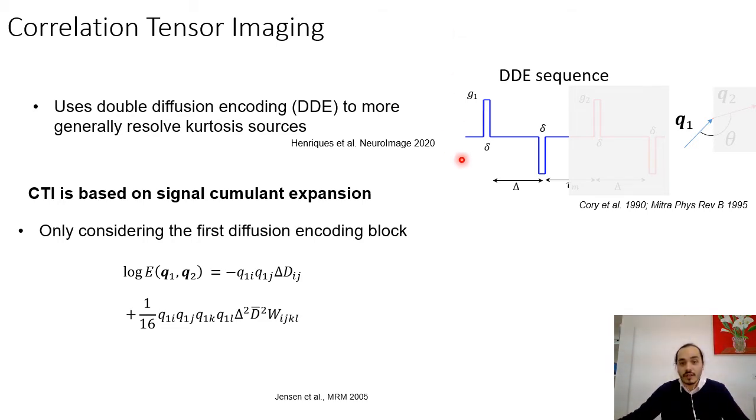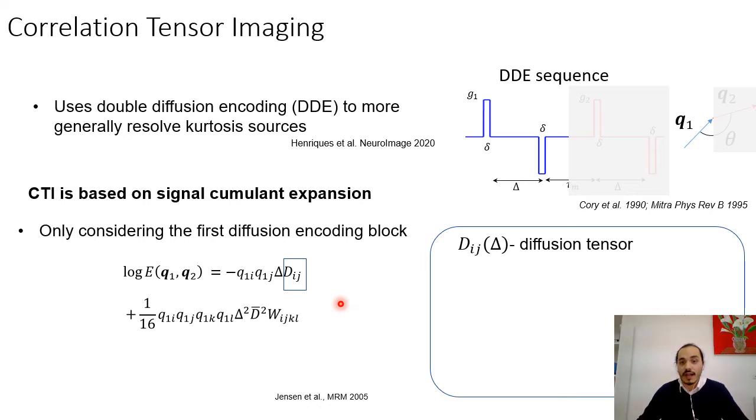If we only consider the first diffusion encoding block, the CTI expression will match the standard diffusion kurtosis imaging, in which we can characterize the diffusion tensor and the kurtosis tensor for a given diffusion time, which is defined by the distance between the two diffusion gradient pulses of a single diffusion encoding.